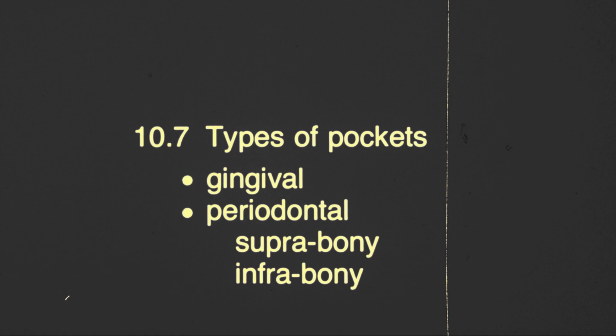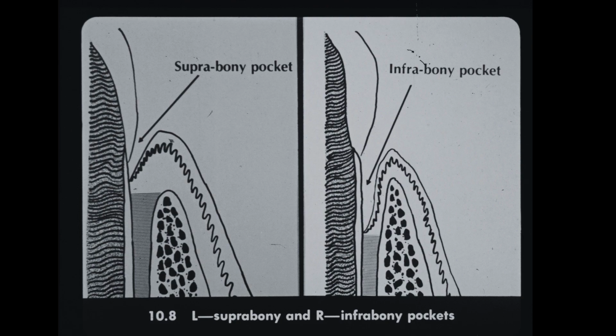The second type of pocket is a true periodontal pocket, where there is destruction of the periodontium. If the bottom of the gingival crevice is higher than the crest of the alveolar bone, it is known as a suprabony pocket. If the depth of the gingival crevice is lower than the crest of the alveolar bone, it is known as an infrabony pocket.